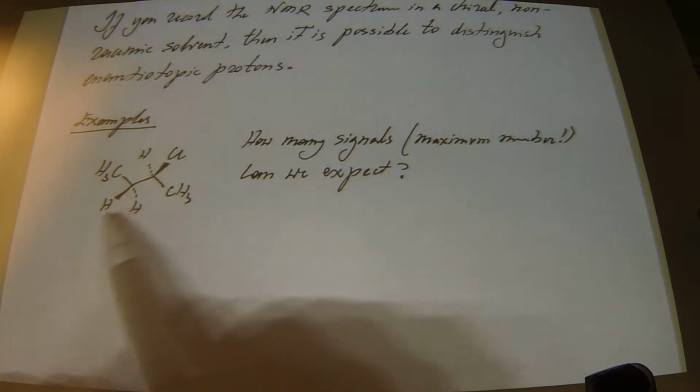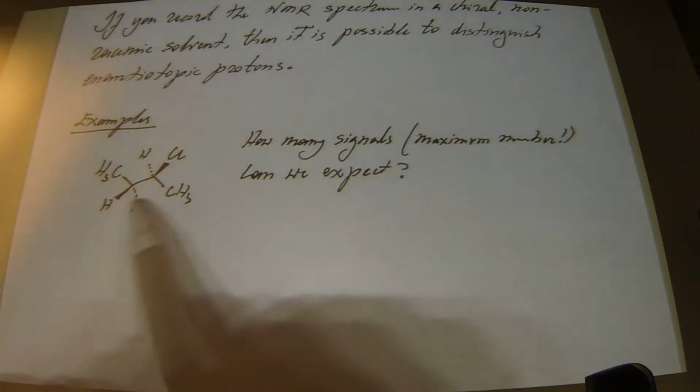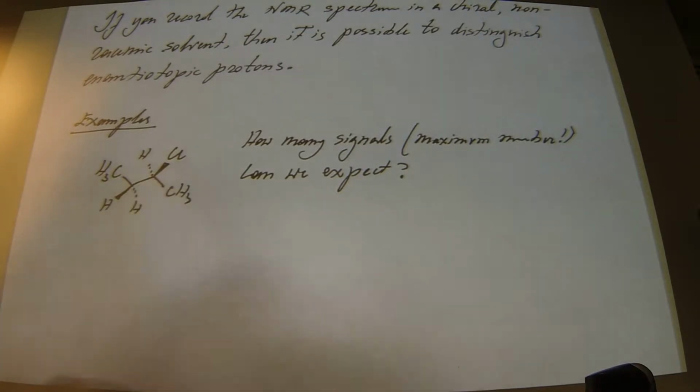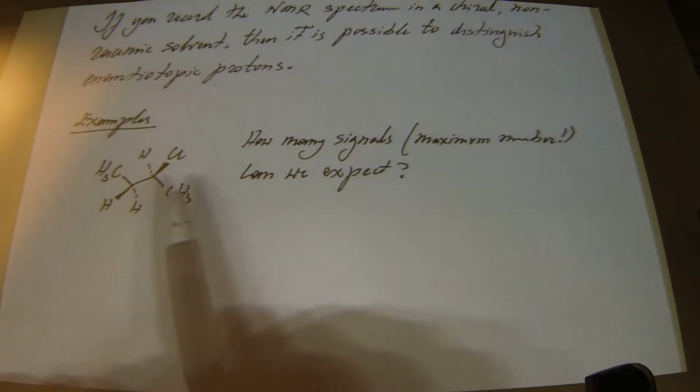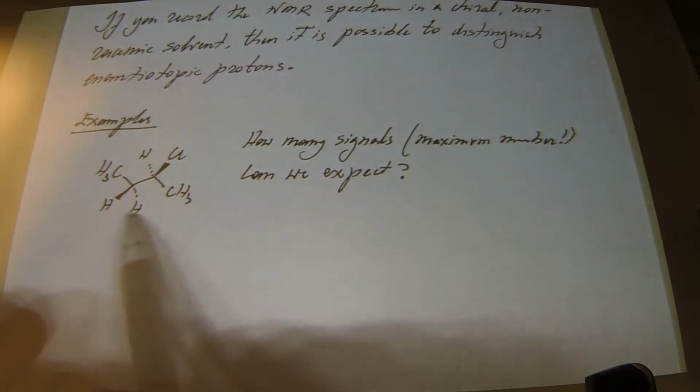Okay, are these going to be stereochemically equivalent? Yes. No. These are diastereotopic because this is a chiral center. So you expect to see 1, 2, 3, 4, 5 peaks for that. Okay, go back and review chapter 10. Okay, you need to do that. These two are diastereotopic. Why?